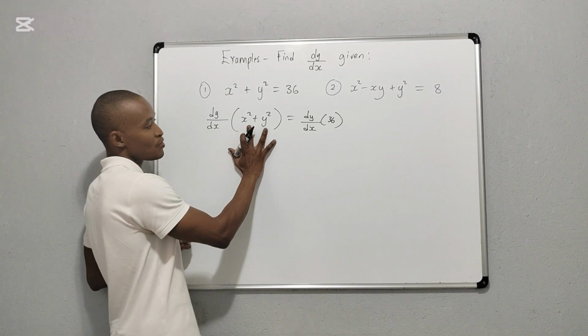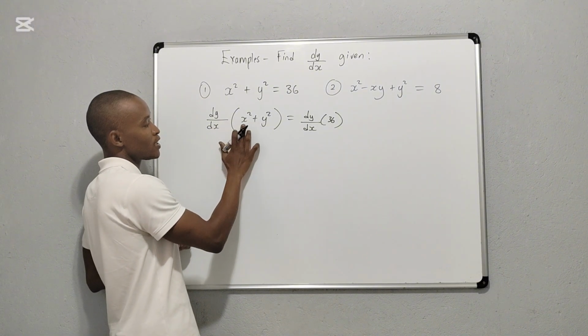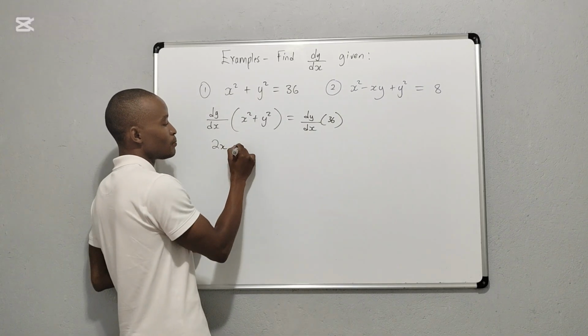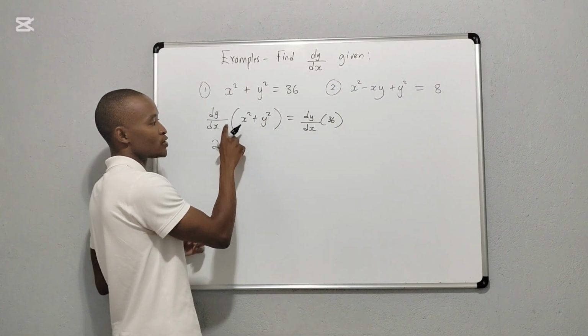That is the standard way to approach implicit equations when you differentiate. Okay, this is sum of functions, so we're going to bring in the sum rule. When you differentiate x squared with respect to x, we get 2x plus, now we differentiate y squared with respect to x.